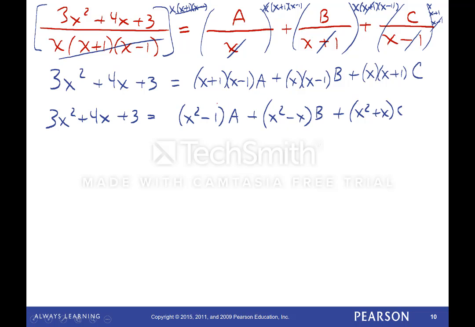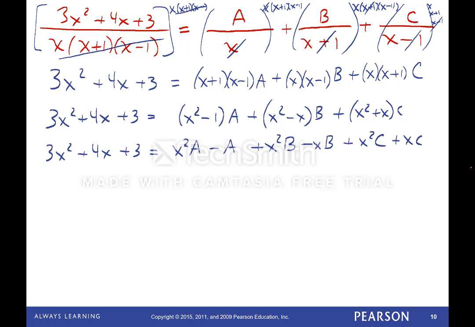x times x is x squared, and x times 1 is a positive x this time, multiplied by C. And now let's distribute our capital A, our capital B, our capital C, and collect like terms. So how about x squared A minus A? How about an x squared B minus xB? And then finally, how about an x squared C plus xC?